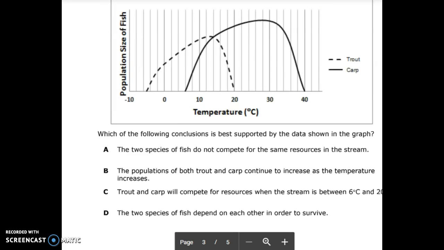A, the two species of fish do not compete for the same resources in the stream. B, the populations of both trout and carp continue to increase as the temperature increases. C, the trout and carp will compete for the resources when the stream is between 6 degrees Celsius and 20 degrees Celsius. D, the two species of fish depend on each other in order to survive.